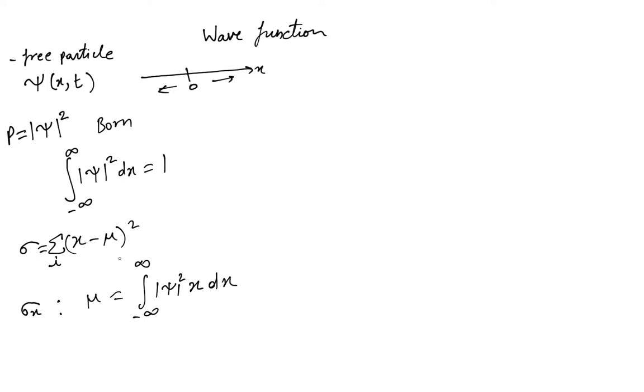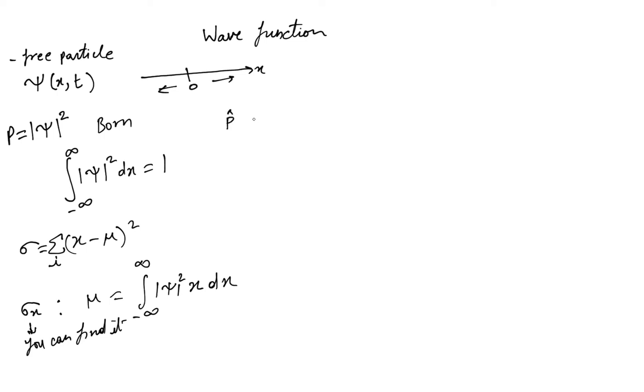And if you put this mu here and then find sigma x, this is what you get. Similarly, we'll learn later, but right now I'm just telling you, just accept it for the sake of understanding.